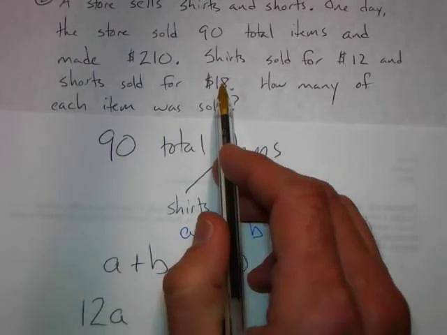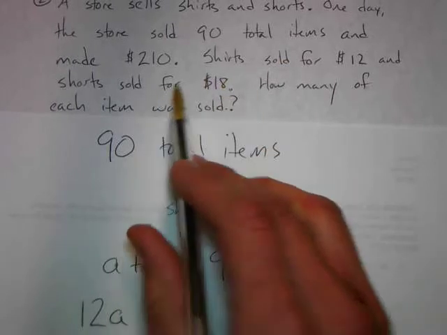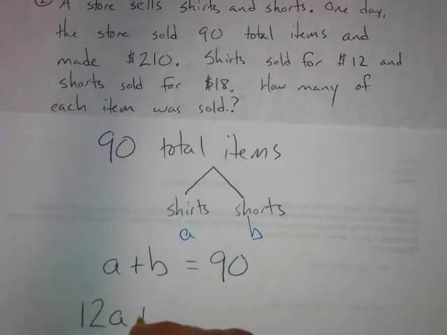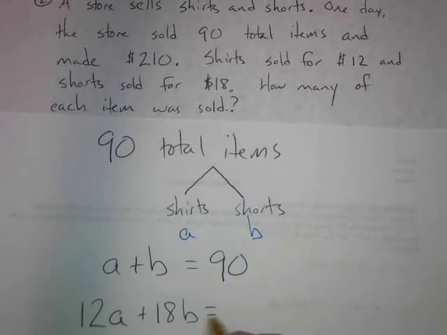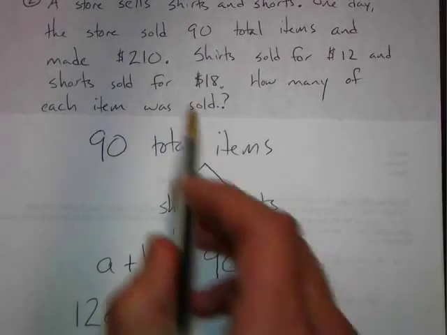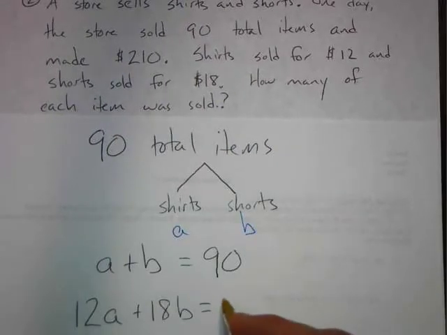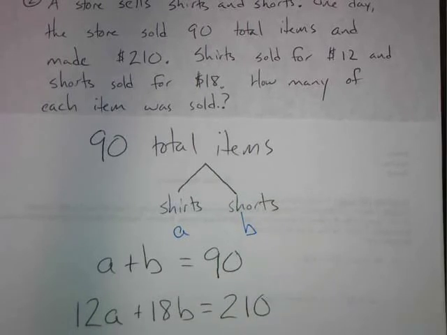And $18 for shorts, my shorts are B. So if I'm saying $12 times the number of shirts plus $18 times the number of shorts, how much money did we make that day? $210. So the total comes out to be $210.